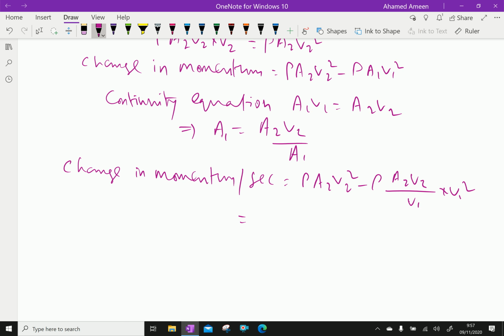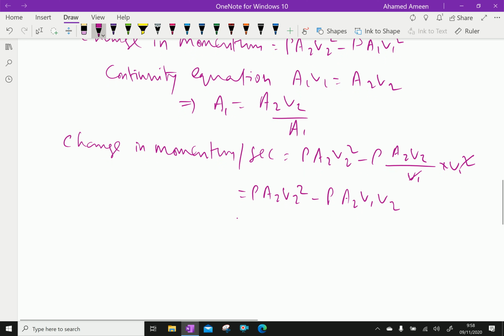By simplifying, you get rho A2 V2 squared minus rho A2 V1 V2, because the V1 squared is cancelled. Further we can take out common rho A2: V2 squared minus V1 V2.